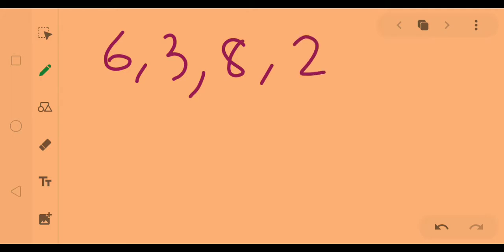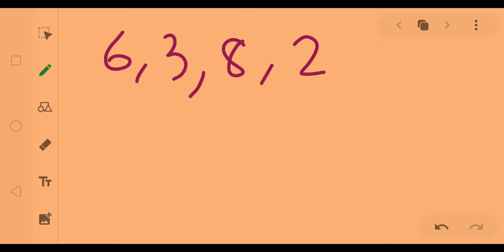So first, let us learn how to form largest and smallest numbers using the given sets of digits. Let's take an example. Here we have 4 digits, say 6, 3, 8 and 2, and we have to form the largest 4 digit number.